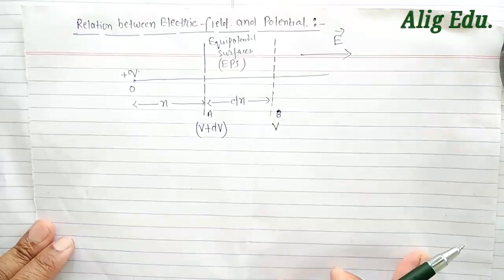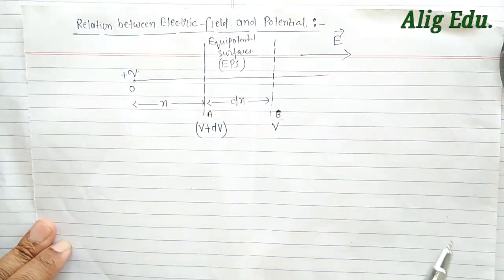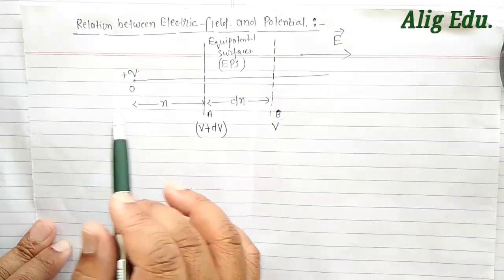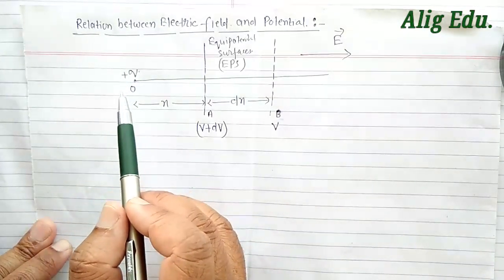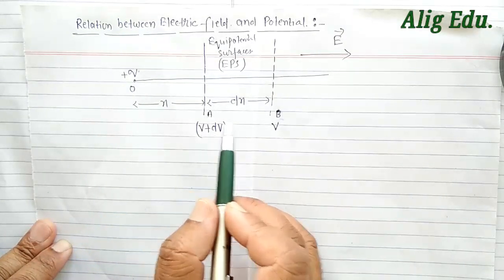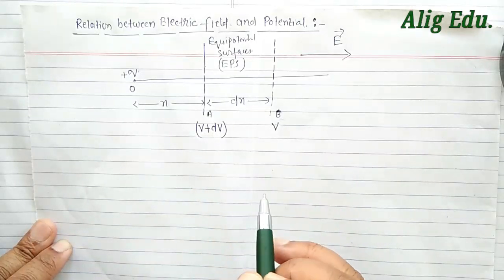Okay, so consider in this arrangement two points A and B on two equipotential surfaces located at distances x and x plus dx from the origin, where a point charge Q is placed, and let the potentials at points A and B be V plus dV and V respectively.